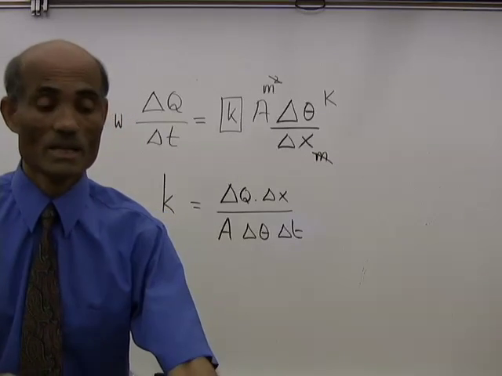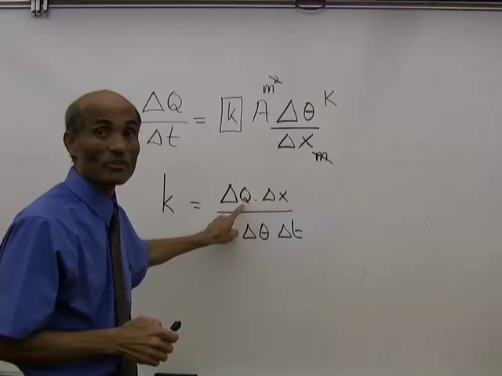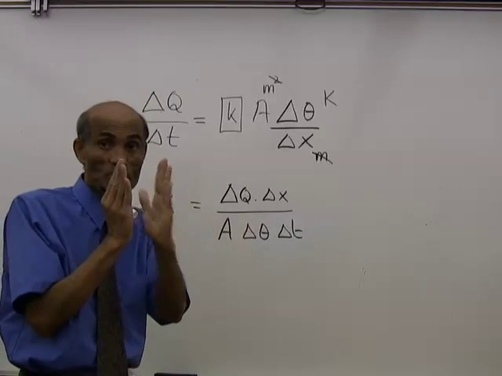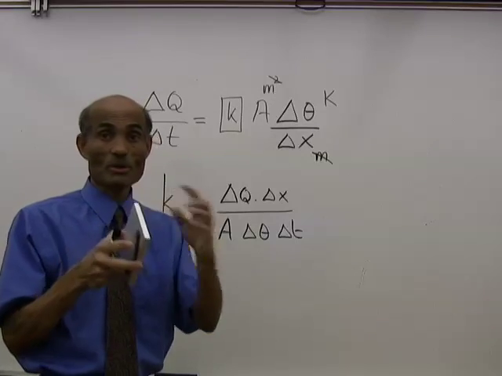It's delta Q multiplied by delta x, the thickness of the material, divided by the area A, the difference in temperature, and the time.